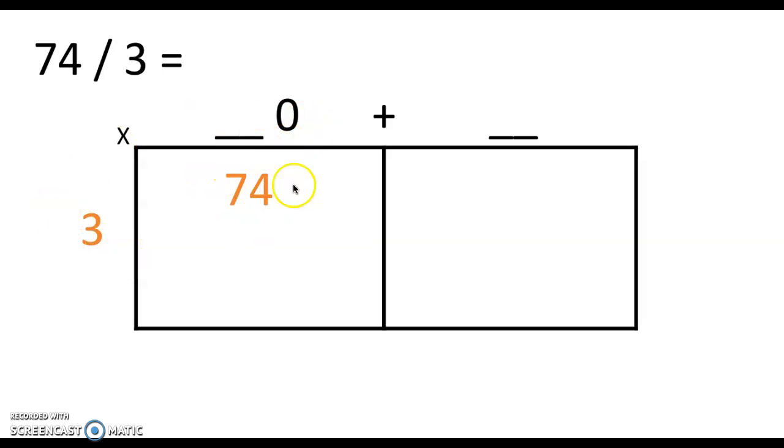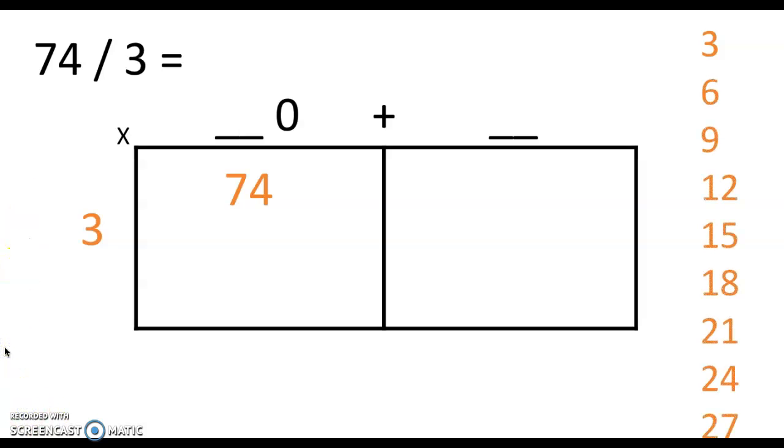So I'm actually going to put my 74 inside that first box so that we can figure out 3 times what can give us 74. The next thing I'm going to do is to write my 3 times tables on the side. If you have a multiplication chart, you can always look at a multiplication chart, or if you're real good at them in your head, you can do it that way.